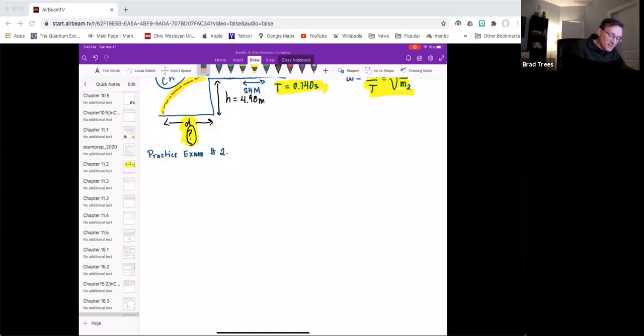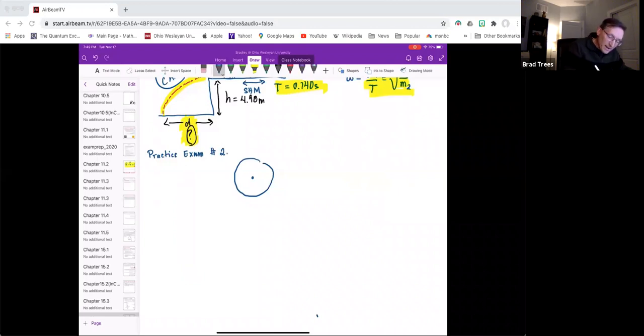Problem 2 on the practice exam says, the figure shows a uniform disk that can rotate around its center like a merry-go-round. And so they draw that kind of a shape. You're looking down from above on this disk with the axis of rotation right in its center, and the axis is coming out of the screen towards us.